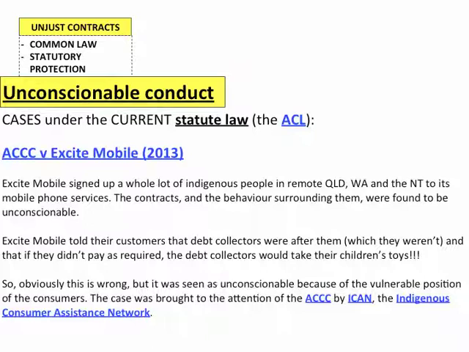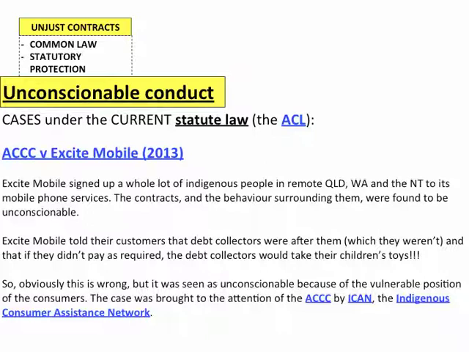The Indigenous Consumer Assistance Network, which is an NGO, that you can mention later in the course as well. They took it to the HSC and they said, hey, Excite Mobile is saying they're going to take kids away. Now there was never a debt collection agency. It was all made up anyway. So it's really, really unconscionable. There is that element of bad conscience there, that they knew exactly what they were doing was wrong.